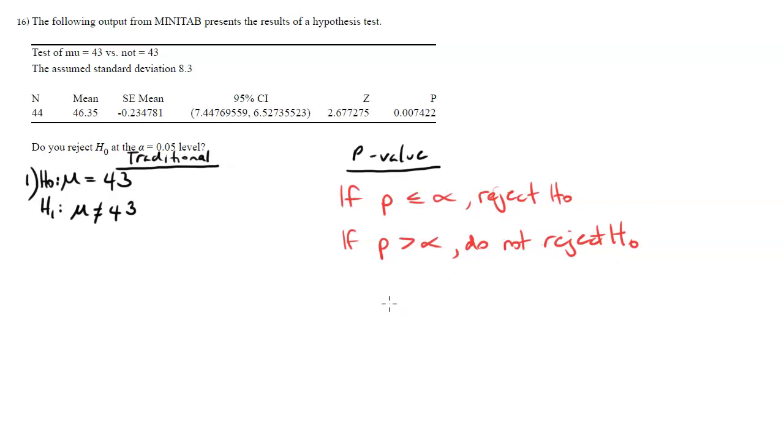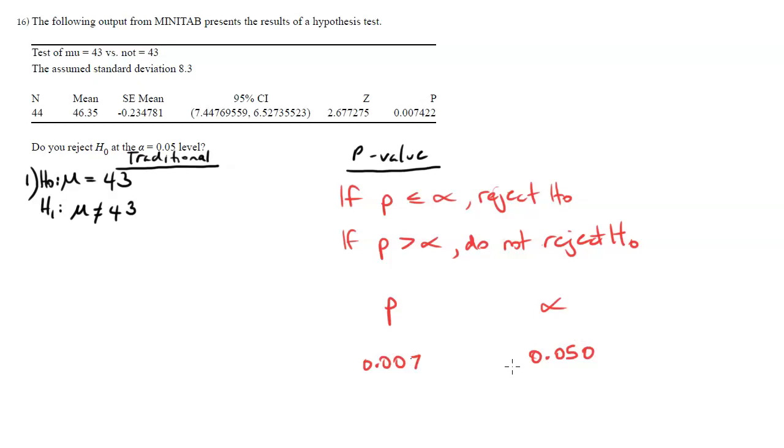So we're given the p-value. P is 0.007. I'll just go 3 decimal places, right? And alpha is 0.05. I'll add a 0 to go 3 decimal places.